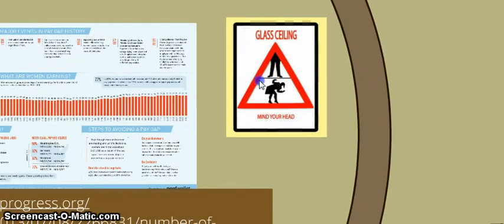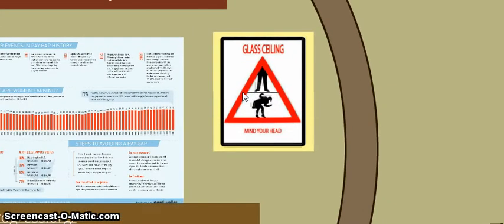Another problem that relates to the job market is something that we call the glass ceiling. In many corporations, many businesses, and many places where people work, you'll find that women are of course represented at the bottom levels, but as you move up the ranks, you'll find that the top jobs become more and more male as you go along, and it's very hard for women to break into that very top level.